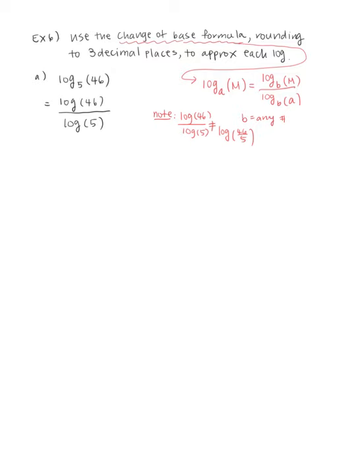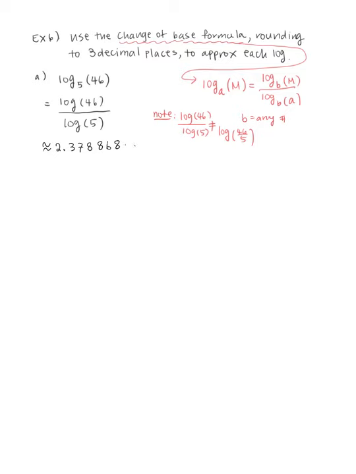So now you're going to have to bust out your trusty calculator to compute log of 46 over log of 5. I just used my calculator, and this is approximately 2.378868.